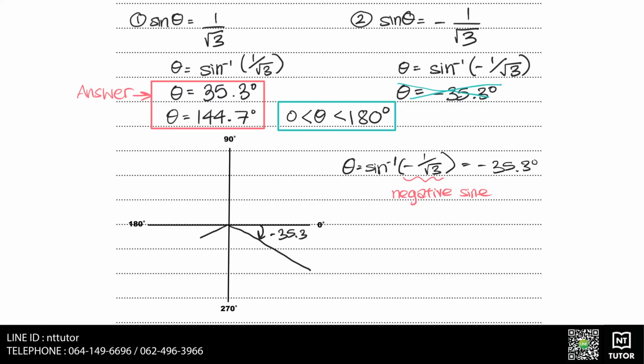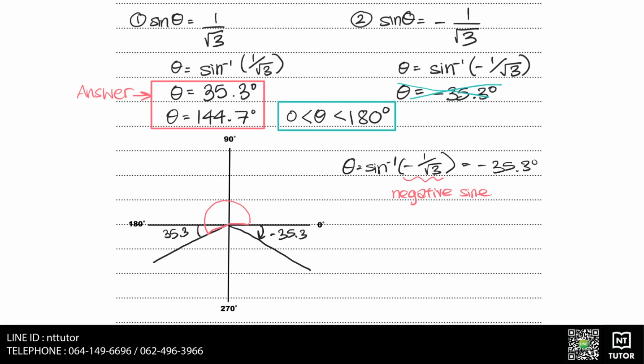So we draw another 35.3 degree angle in the third quadrant. And the other line, measured from the positive x-axis, anti-clockwise, would be 180 plus 35.3 degrees, which is exactly the same as we got from the sine graph.